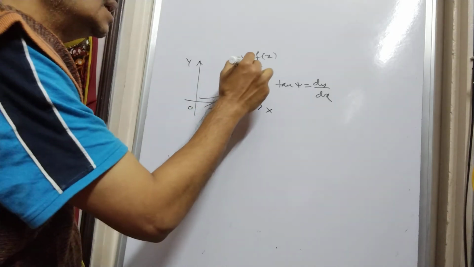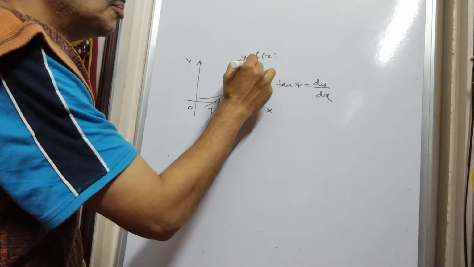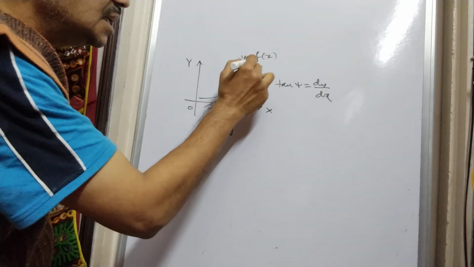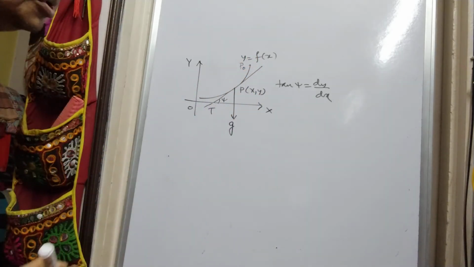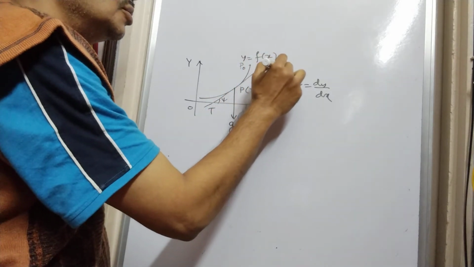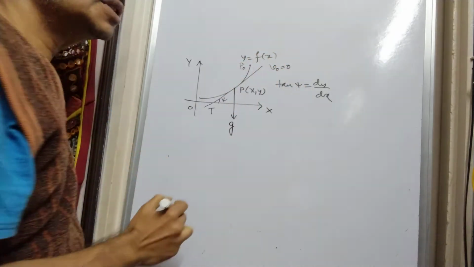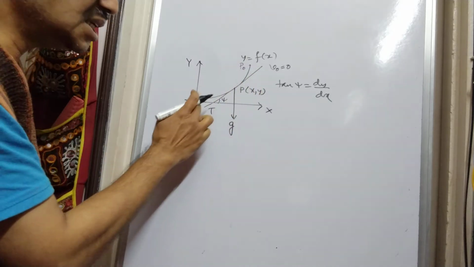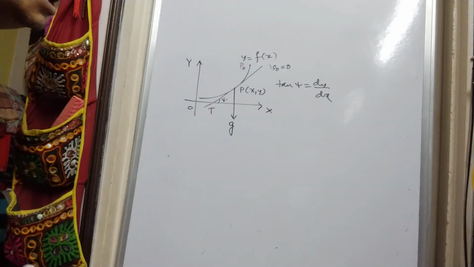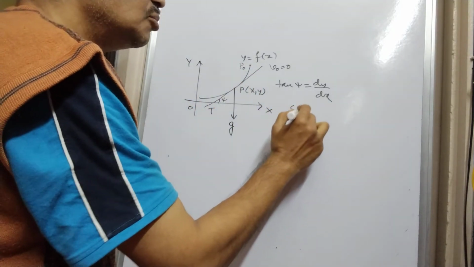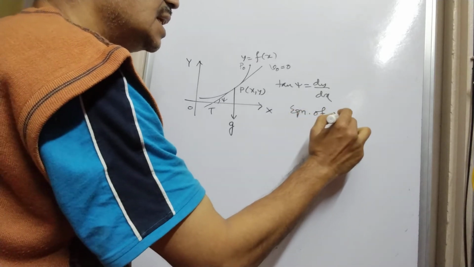Now, if this is the initial position of the particle and it moves down with zero velocity, that is from rest, it starts moving downwards for the gravitational pull, then the equation of motion obviously changes.